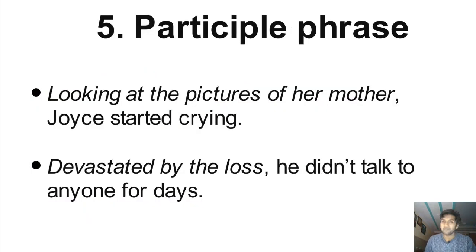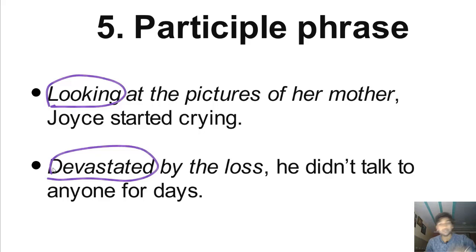Okay. Fifth, participle phrases. These are phrases starting with a participle. It can be a present participle, an ing form of a verb, all right? Looking. It can be a past participle, a third form of verb, devastated. It can be a perfect participle, right? A present participle followed by a past participle, all right?